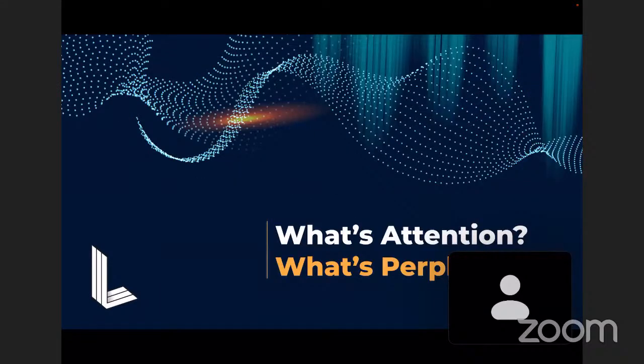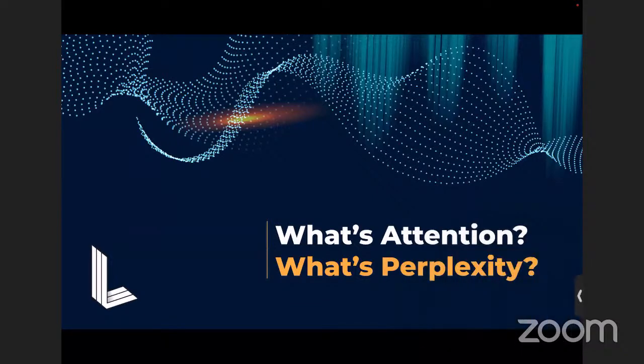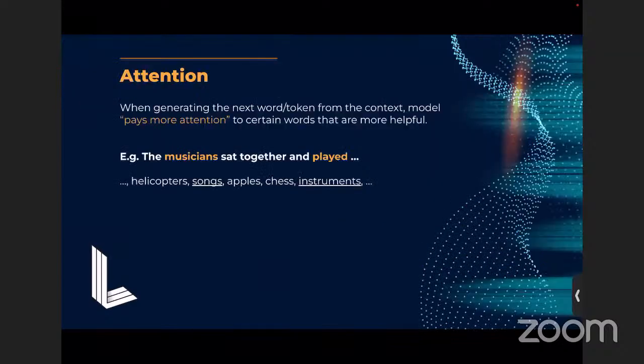Okay, so sorry. We've been talking about attention and perplexity a lot. Let's first understand these terms better. So attention is when a model is generating the next word, or here we say token, from the context. The model will pay more attention to certain words that are more helpful instead of having to look at every single word.